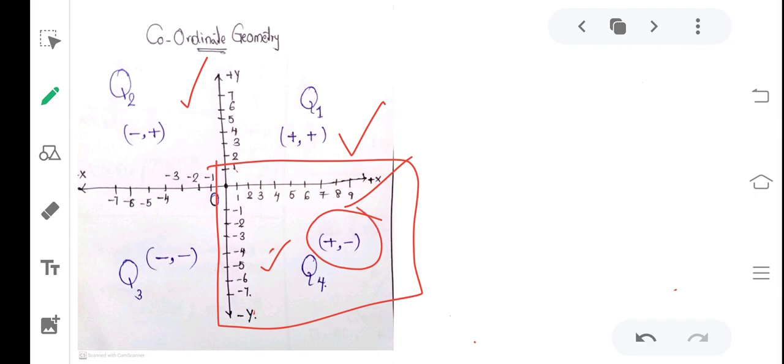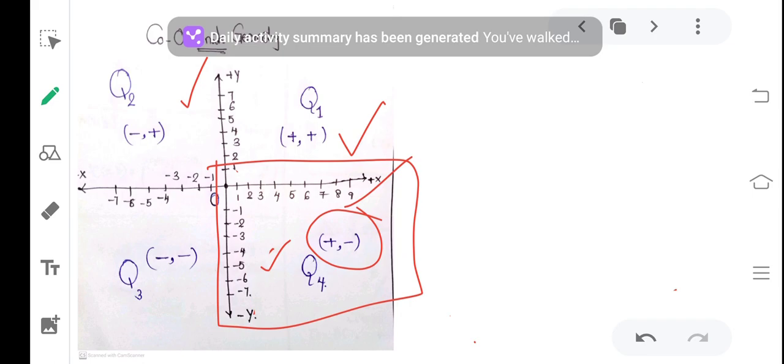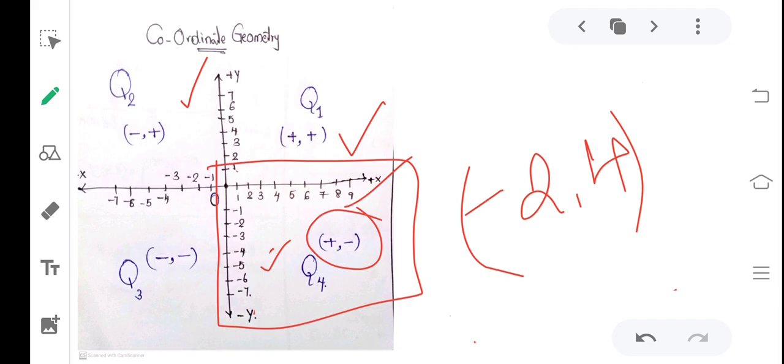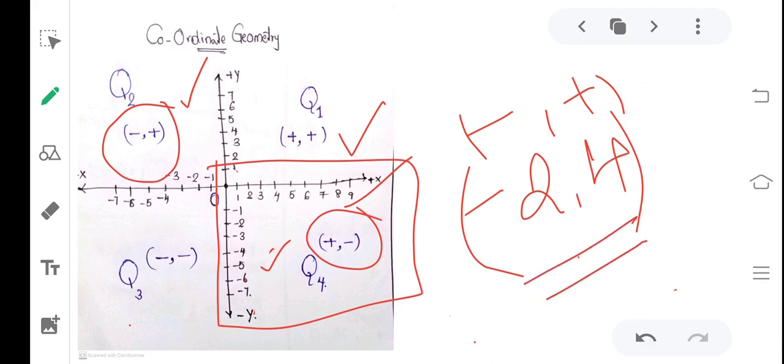So these are the quadrants you should remember. Suppose we take minus 2 comma 4, in which quadrant does this point exist? 2 contains minus, 4 has no sign, so you should take it as plus. So minus comma plus, in which quadrant does it lie? Minus comma plus is the second quadrant. The other three quadrants cannot have minus comma plus. So minus 2 comma 4 should exist in the second quadrant.